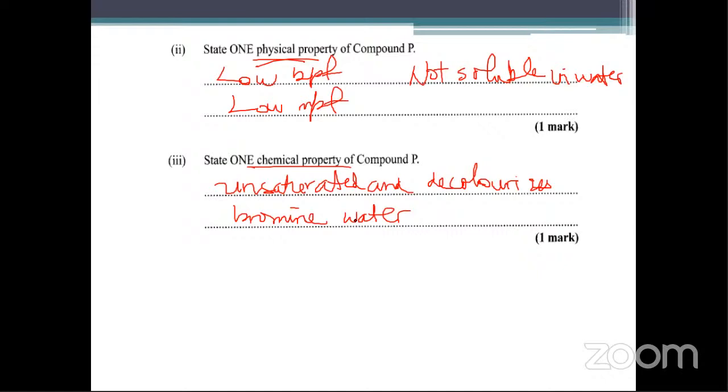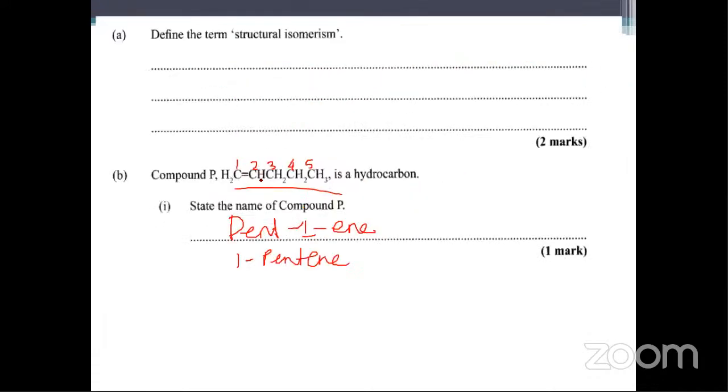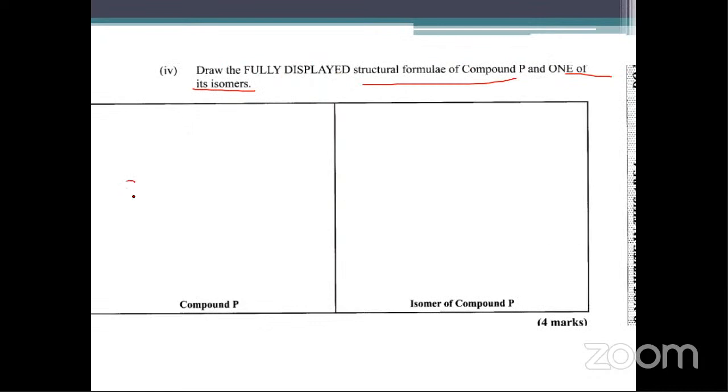All right, now let's talk about the fully displayed structural formula of compound P, and then you're going to draw an isomer of compound P. So again, P is called pent-1-ene. So it has 5 carbons and it has a double bond on the first carbon.